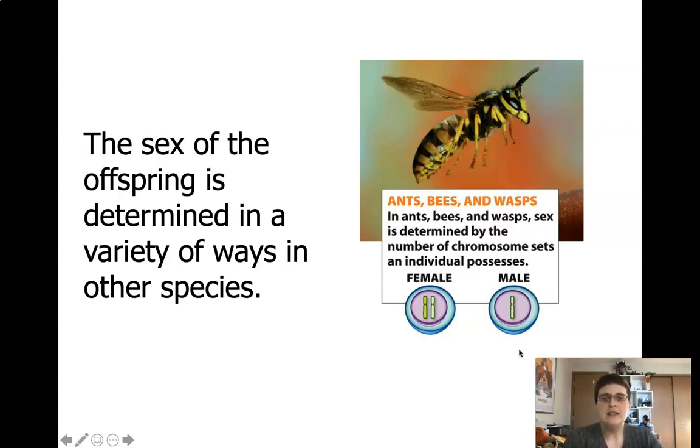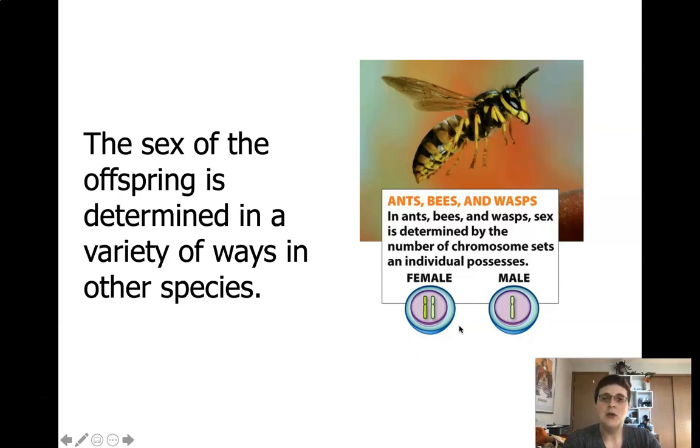And the thing is, if you're familiar with ants, bees, and wasps, a majority of the members of these species are going to actually be female, right? When males are needed, they will produce haploid eggs that will hatch into males.